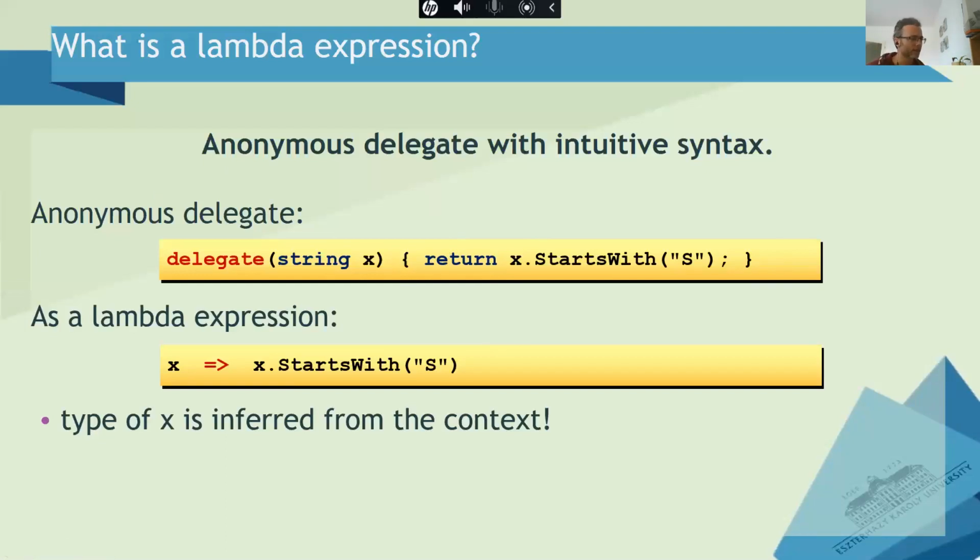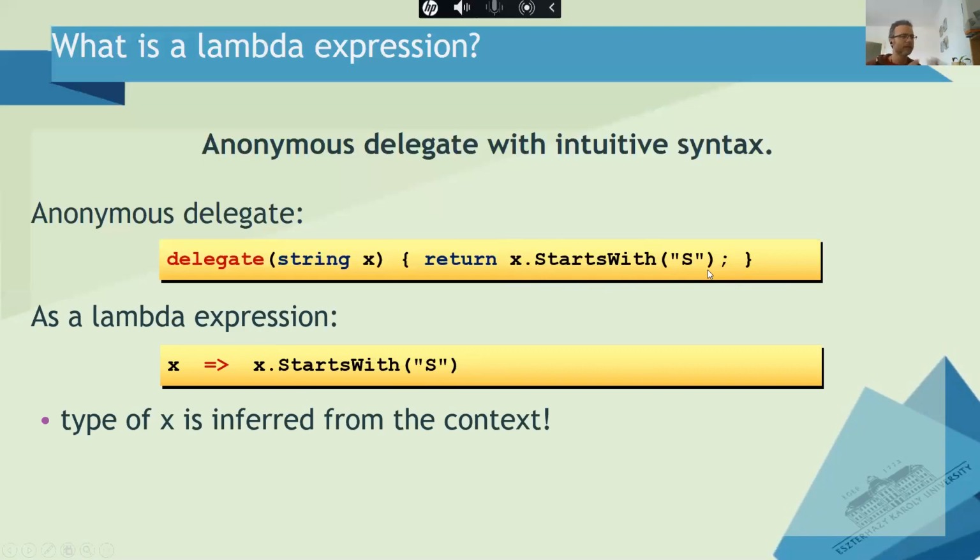Let's just remove the return keyword and keep the most important part, this expression. This is what is important to specify. Okay, and what else? Yeah, let's just remove the semicolon at the end.